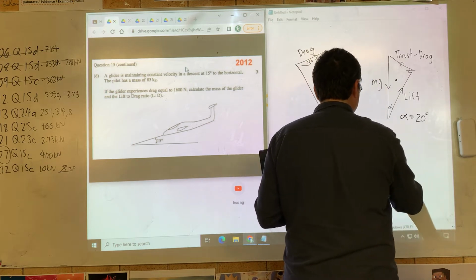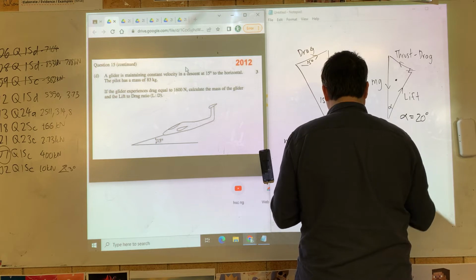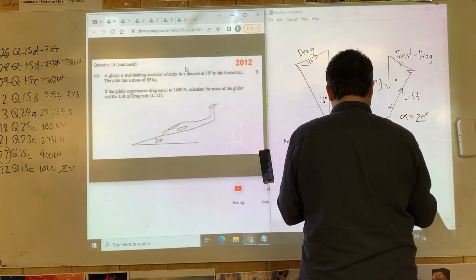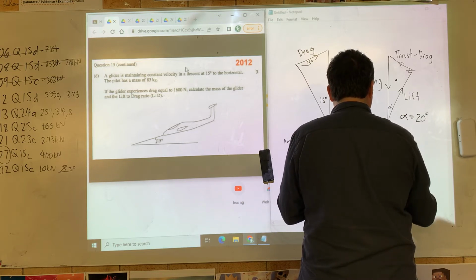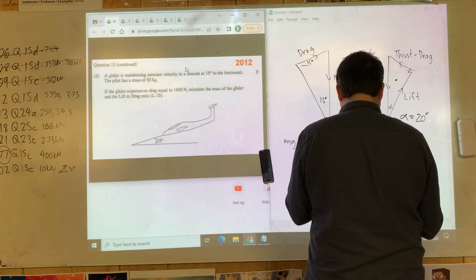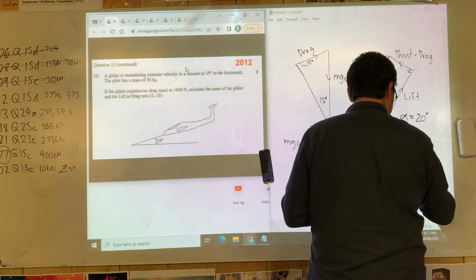Well, the mass can either be, we divide by 10, so it's going to give us 618.2 kilograms, or if we divide more accurately by 9.8, that's going to give us 630 kilograms.